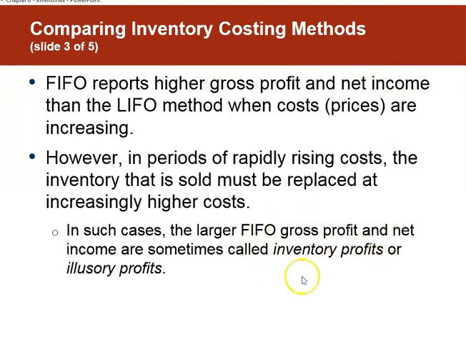And we may have a period of time where we have what are called inventory or illusory profits because we're getting the temporary timing benefit of being able to cost old merchandise that we paid a lot less for, and that can create a problem in the next period because we wonder, okay, why is it that we're selling the same amount of stuff but we're not making nearly as much money? Well, it's for this reason right here.